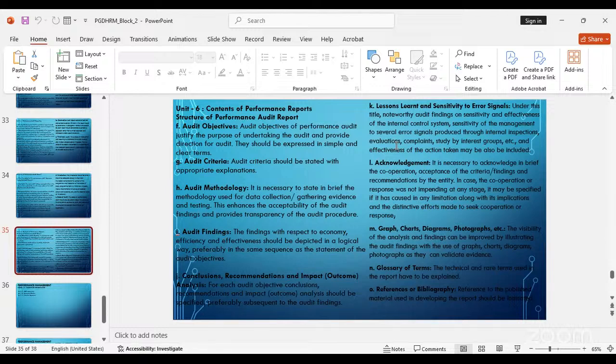Lessons learned and sensitivity to error signals should be acknowledged. Acknowledgement should be given at the end of the report. Graphs, designs, charts, pictures, photos should all be included. A glossary of terms should be given at the back of the report along with the references or bibliography. So this is all about the audit report.